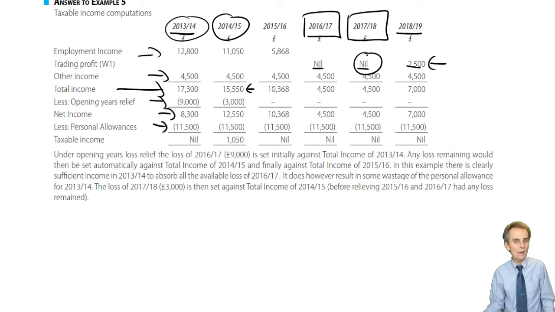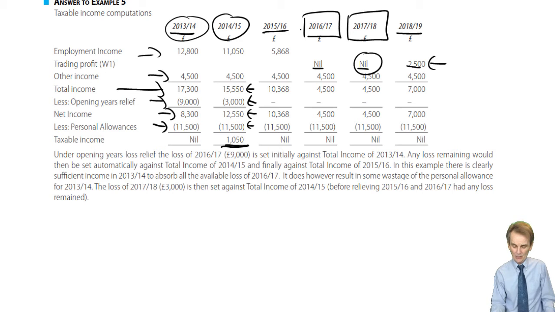What was a net £3,000 worth of loss? Again, remember, no overlap losses. £3,000, again, more than sufficient income to absorb, bringing us down to a revised net income of 12,550. Take away your personal allowance, and there's just a small amount of taxable income for that year.